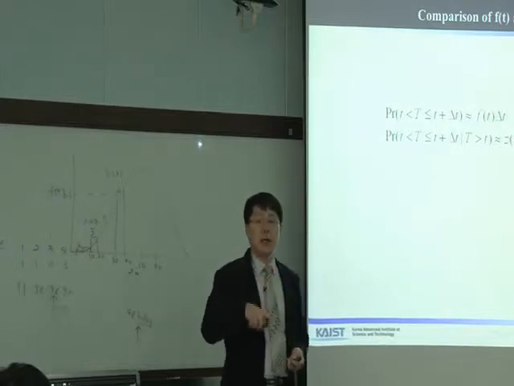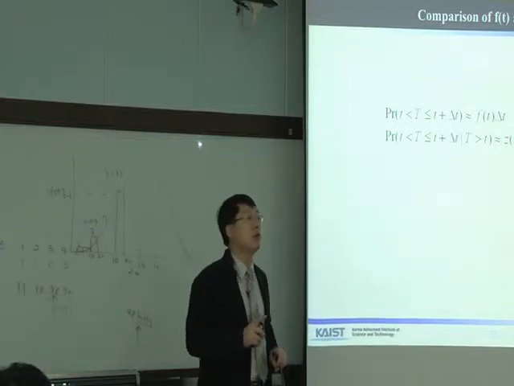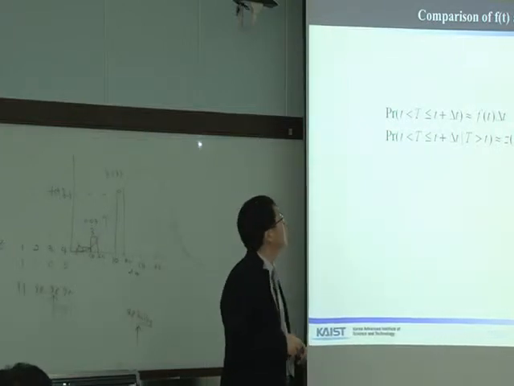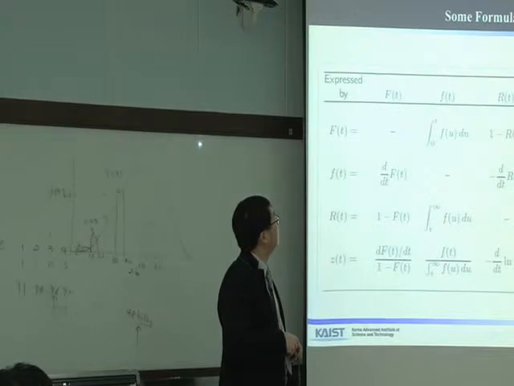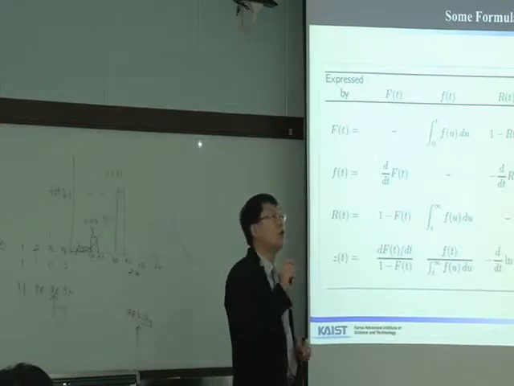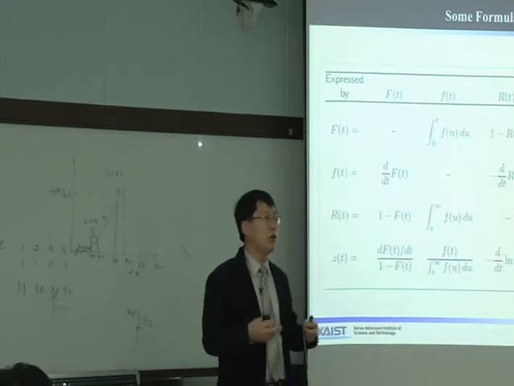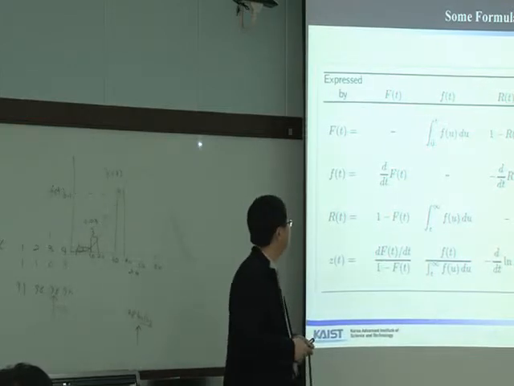So please spend some time to distinguish the meaning of the two equations. In the textbook, you may see this equation. So you'd better study how the equations are related.